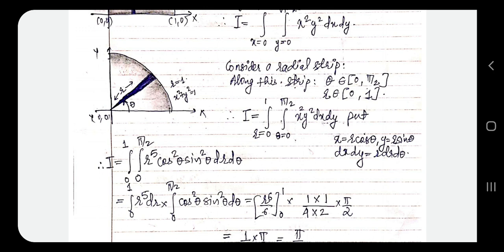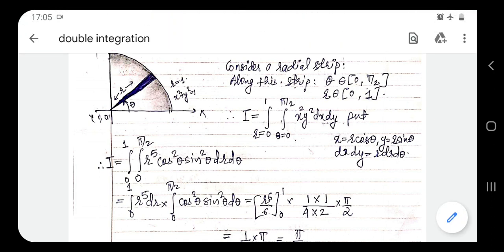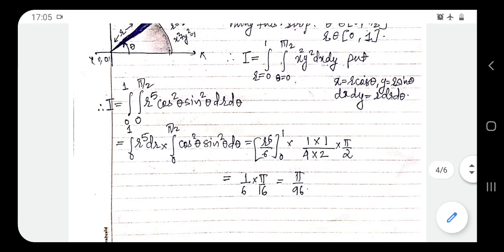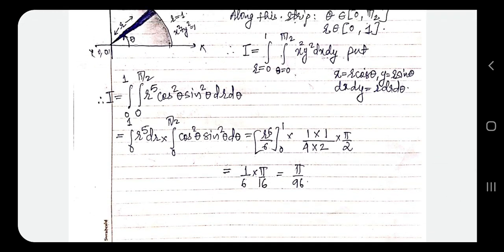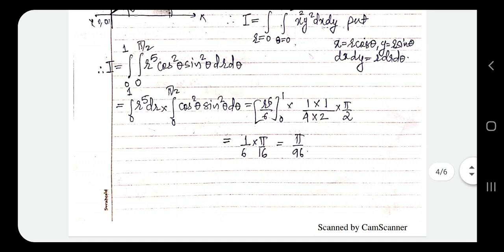So x is equal to r cos theta, y is equal to r sin theta, and dx dy is r dr d theta. So I is equal to, putting x square and y square in terms of r cos theta and r sin theta, I have total r raised to 5 cos square sin square dr d theta.